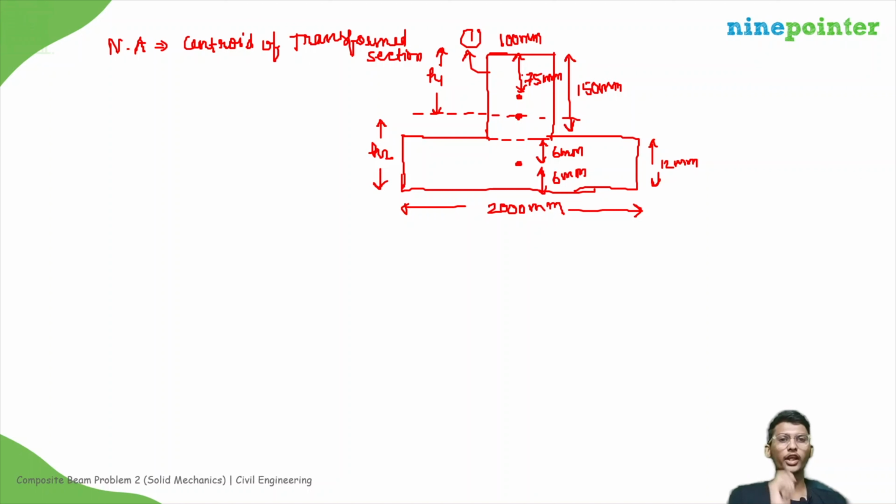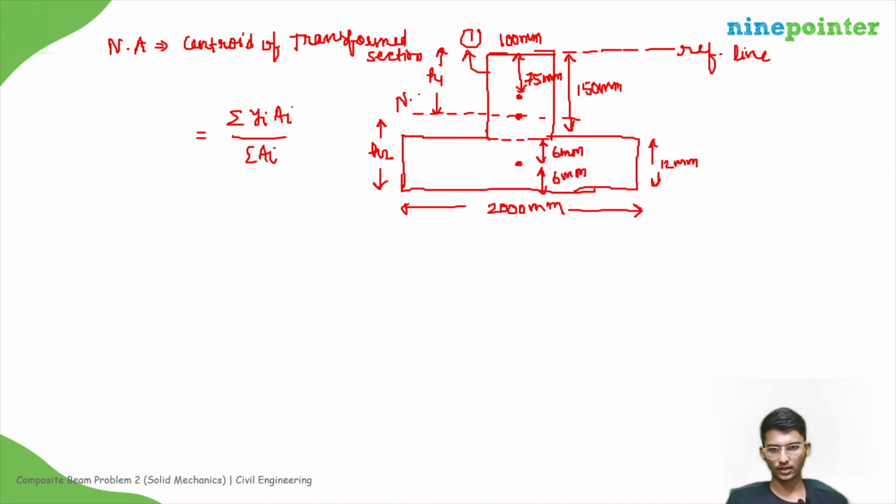Okay. So if you take one reference, suppose this is the reference line, we can write sigma yi divided by sigma ai. From the reference line, the distance to the neutral axis is H1. So H1 will be equal to y1 into a1, plus y2 into a2. What is y1? y1 is 75 mm from the reference line.